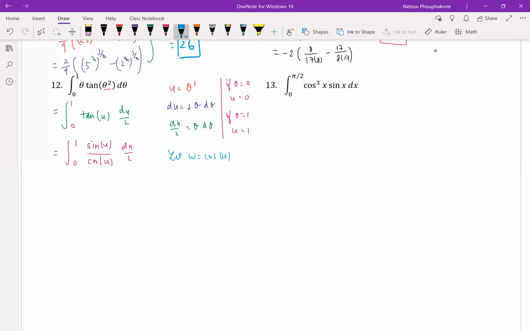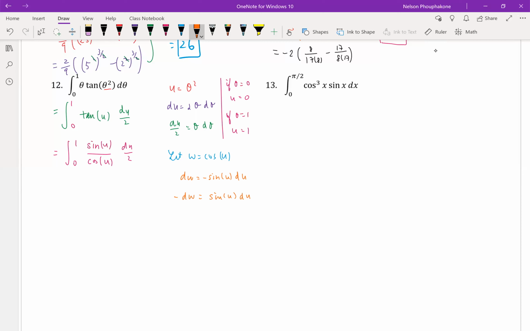Then if this is the case, we will have dw is equal to negative sine of u du. Then negative dw is sine of u du.